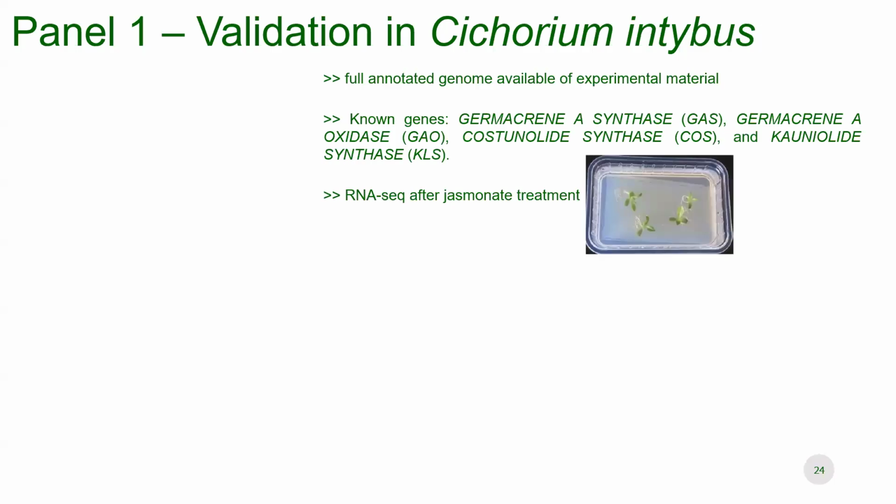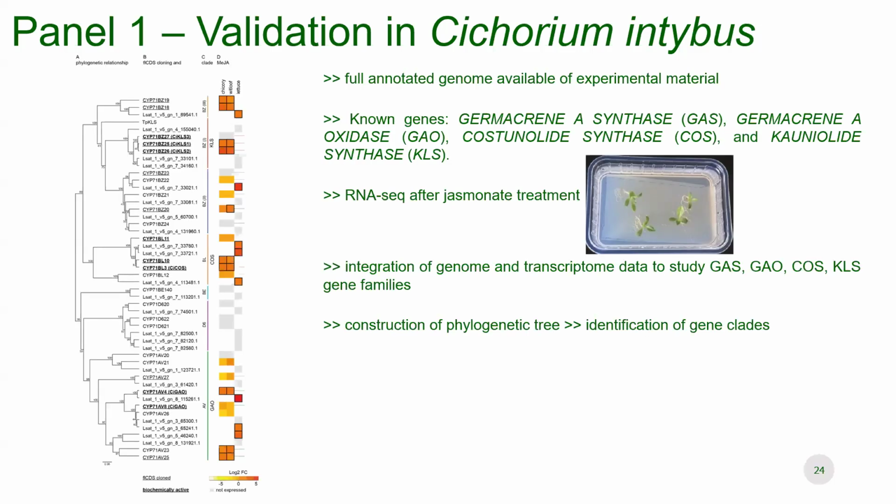And then we wanted to add some more information by doing an RNA-seq experiment after jasmonate treatment, as we know that methyl jasmonate induces the pathway of the production of the sesquiterpene lactones. Then we integrated the genomic data and the transcriptomic data we have, to study these genes and gene families in detail. We constructed a phylogenetic tree, which enabled us to identify gene clades.